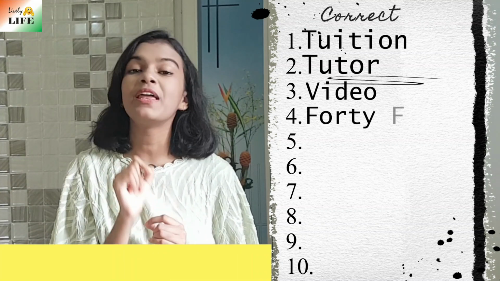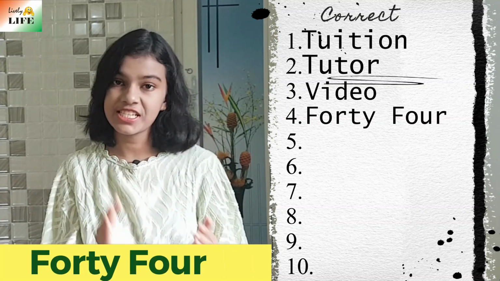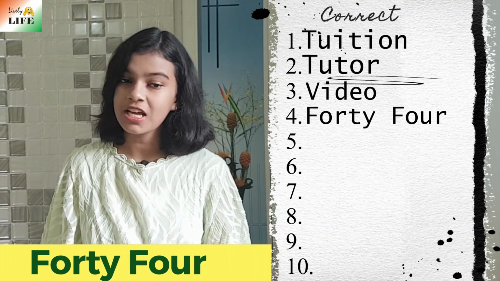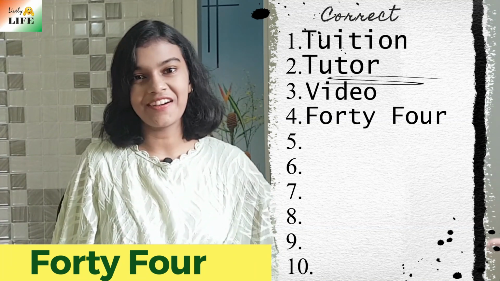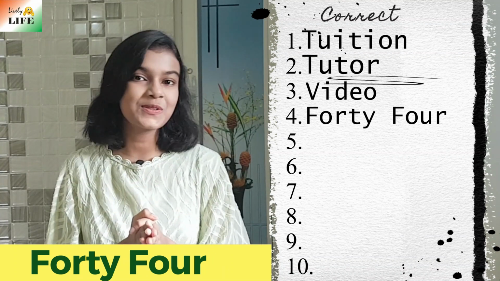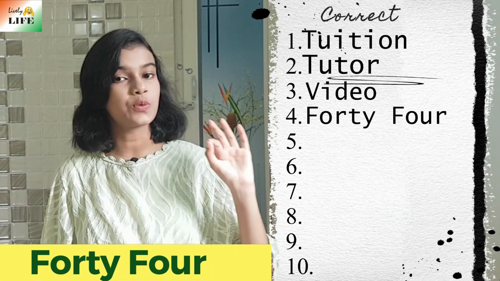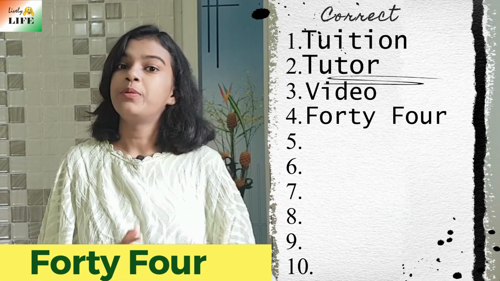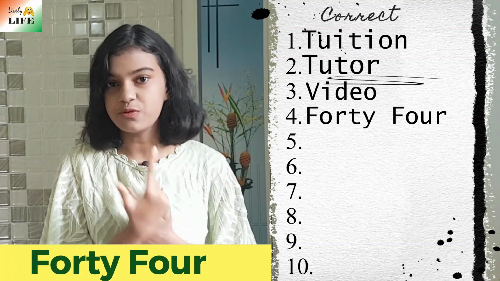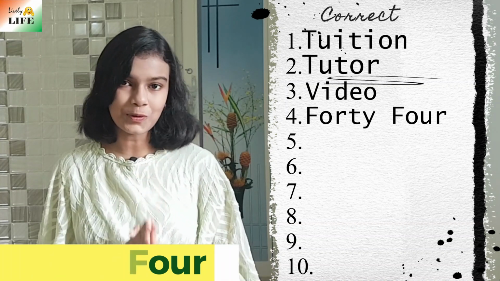The spelling of 40 is F-O-R-T-Y. 44 is F-O-R-T-Y, F-O-U-R. Remember this. It might confuse you sometimes, but it's very easy. When you are just writing 4, it will be F-O-U-R. But when you are writing 40, it will be F-O-R-T-Y. You will not use any U. So this was the fourth word.